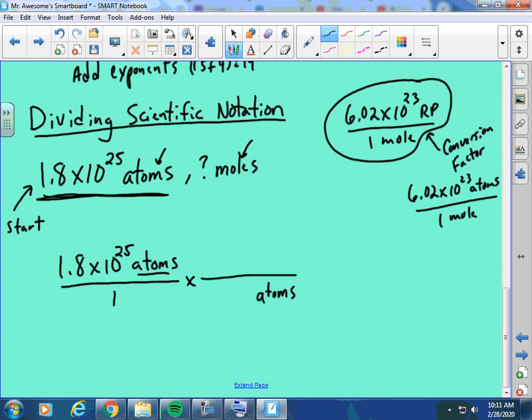So in this scenario, if my conversion factor normally has atoms on top, but I know I want to have atoms on the bottom, I'm going to flip it upside down. So instead of 6.02 being on top, I'm going to put 6.02 times 10 to the 23rd on the bottom. And I'm going to take the 1 mole, instead of being on the bottom, that's going to be on the top.